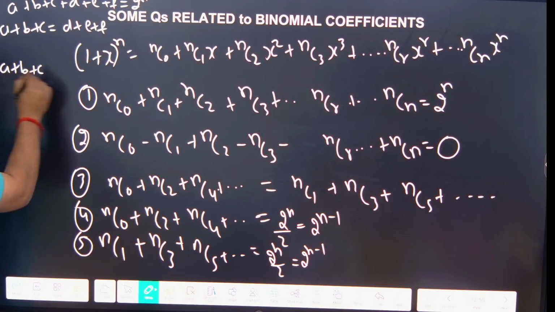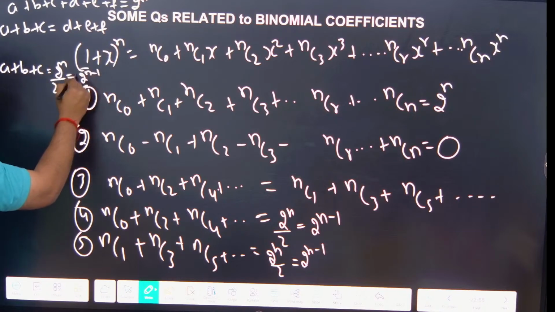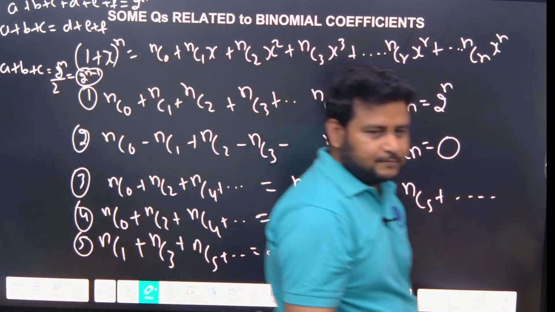This will become 2 times, so 2^n by 2, that is nothing but 2^(n-1). That is the formula I have written here. Clear? Okay.